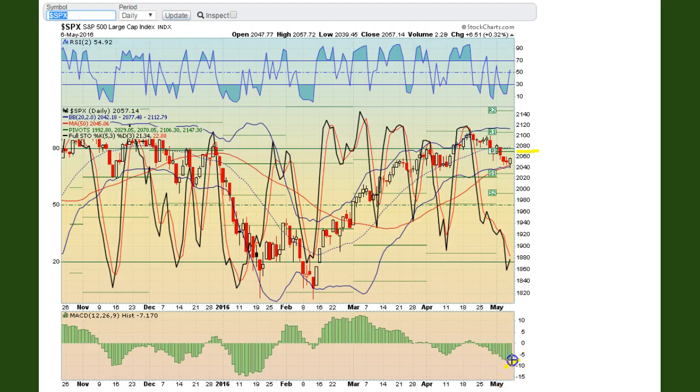Whether or not this turns up is yet to be seen, but my gut tells me that if this cooperates and crosses over the red line here, and keeps on moving higher, then we should start to see these histograms minimize. Once they start to minimize, they generally go positive. That's the general pattern. No guarantees, but that's the general pattern.